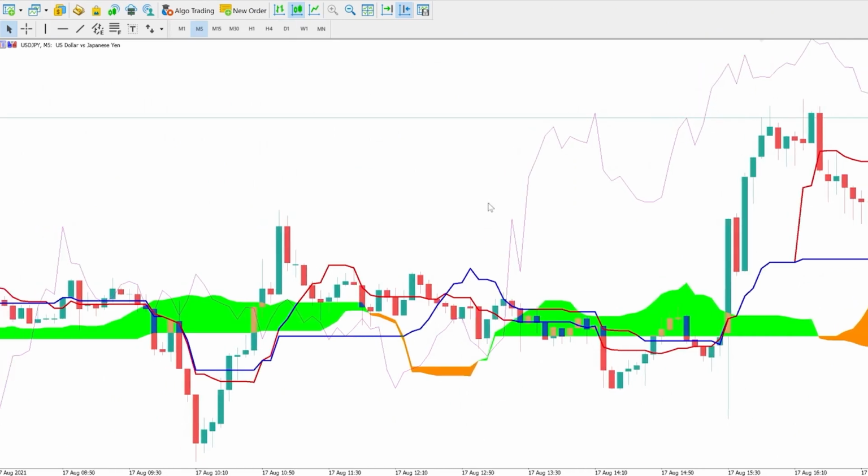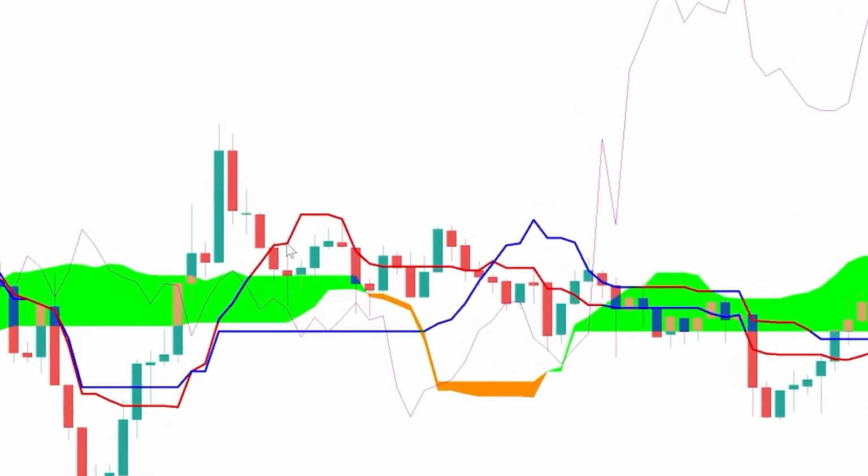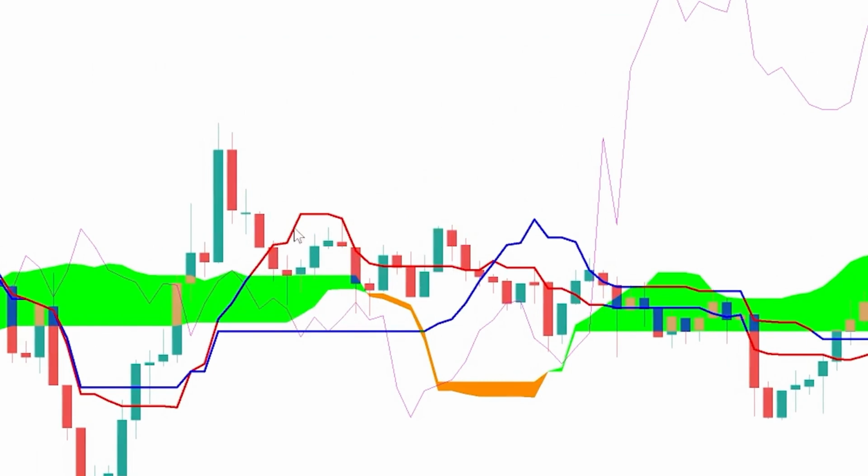Alright, as you can see here, we have an initial peak formed by Tenkan-sen, and then Kijun-sen forms another peak here. Let's see the distance between them. Alright, this is a 17 candle line we've drawn. We see that the distance between these two peaks is exactly 17 candles.